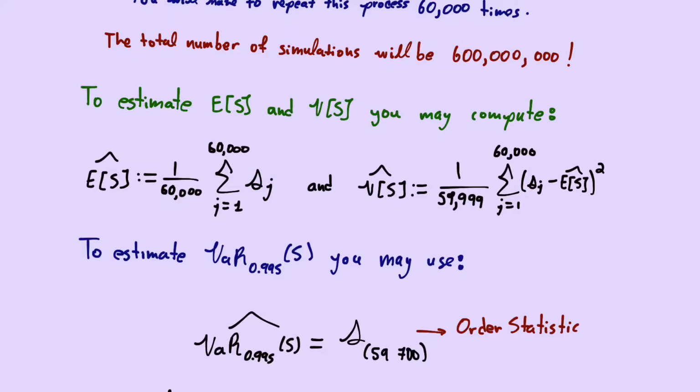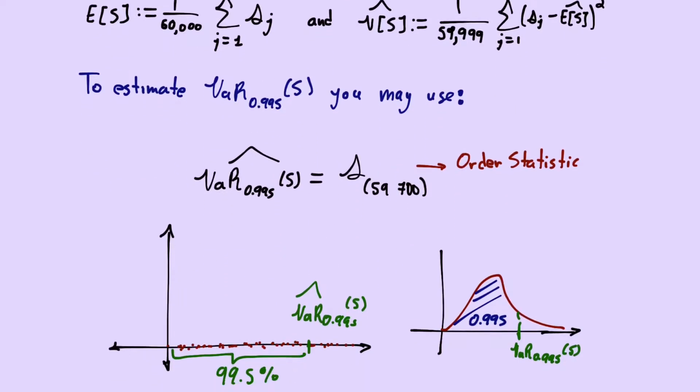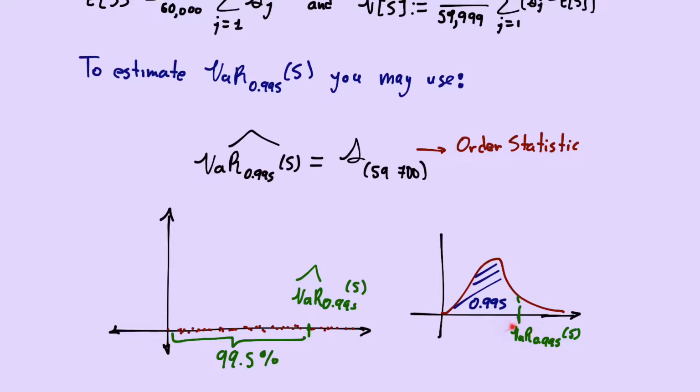Okay, but why do we use an order statistic of this level to estimate the bar? That is because remember that the bar is a number where we have to the left of that number 0.995 probability of the distribution. Well, you can get it at an alpha level, and this will also be an alpha level, but in this case we want this specific number, the value that accumulates this specific probability.